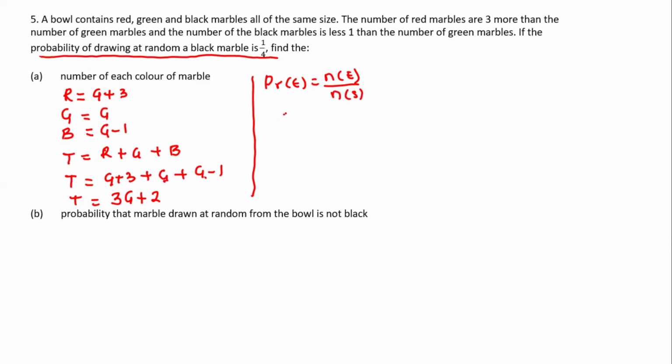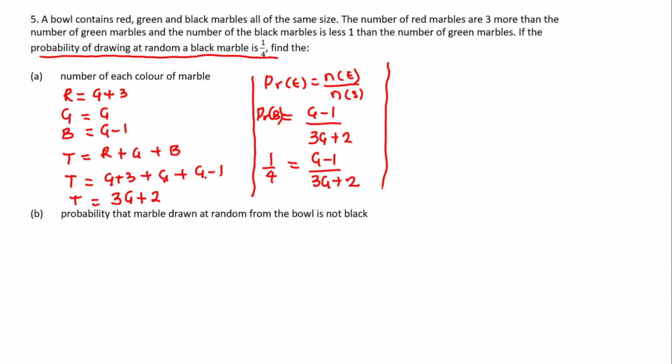Now, we are taking probability of black, which is equal to the number of events. How many black do we have? We have green minus 1. And what is the total? Total ball is 3 green plus 2. But the probability of picking the black is 1/4. So this simply means that 1/4 is equal to green minus 1 over 3 green plus 2.